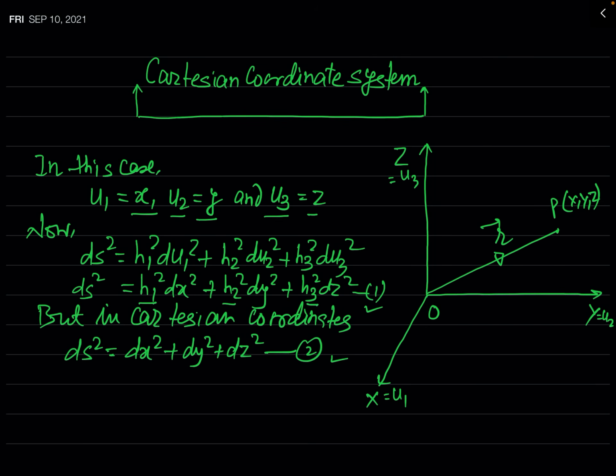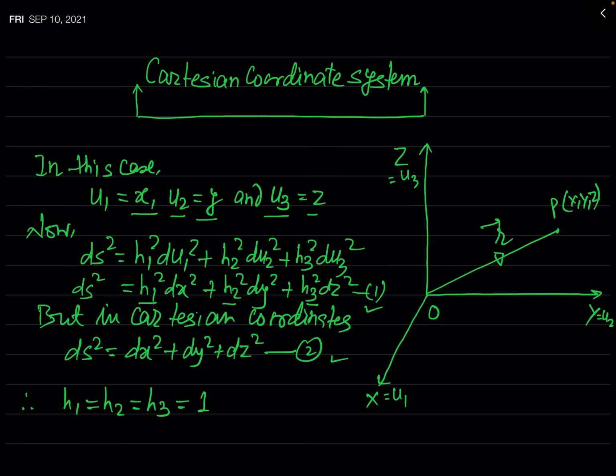It means all these three scale factors, h1, h2 and h3, will be 1 in Cartesian coordinate system. This is a very remarkable result. So comparing equation 1 and 2, we find that h1 is equal to h2 is equal to h3, and all these three are equal to 1.